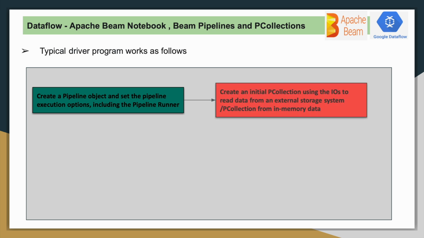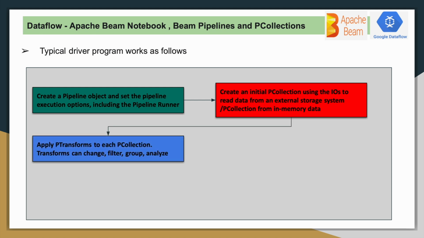The second step is to create the PCollection. Just think of a PCollection as the data in the pipeline. We'll read data either from an external source or from in-memory data, and create the PCollections. Once we have the PCollection ready, we'll apply transformations. A transformation can be an Apache Beam core transformation like filtering, grouping, analyzing, or a user-defined transformation using ParDo.